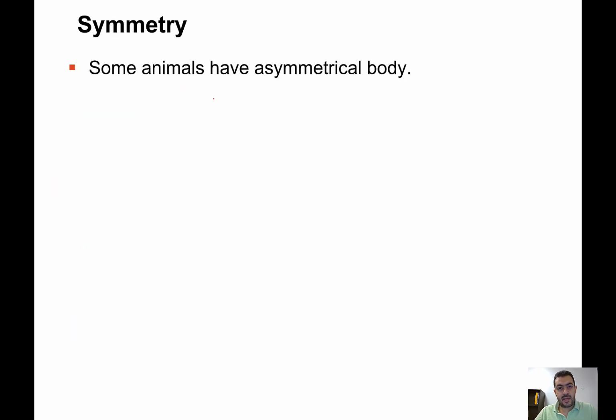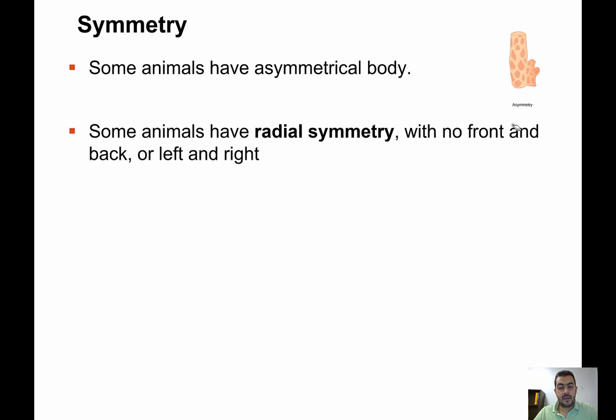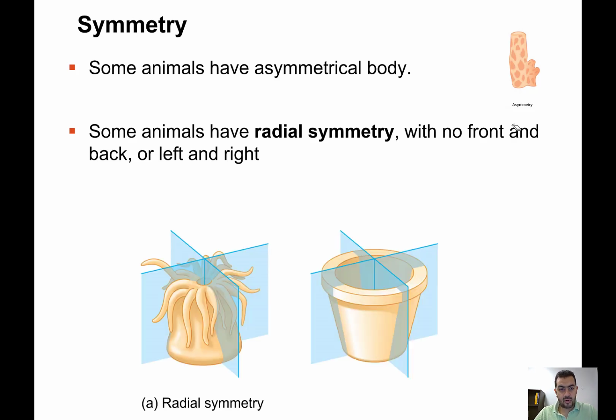Some animals have an asymmetrical body, for example the sponges. If you imagine a plane that divides this sponge, the two halves will not be identical, so none of the possible planes will result in a symmetrical body plan. Some animals have radial symmetry, so there is no front, no back, no left, no right.